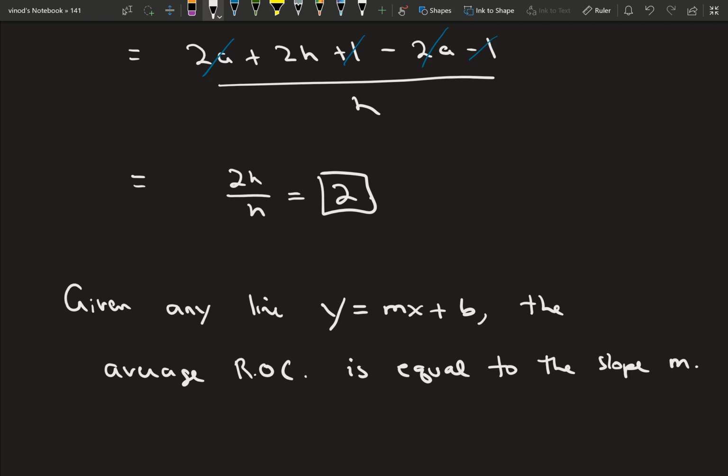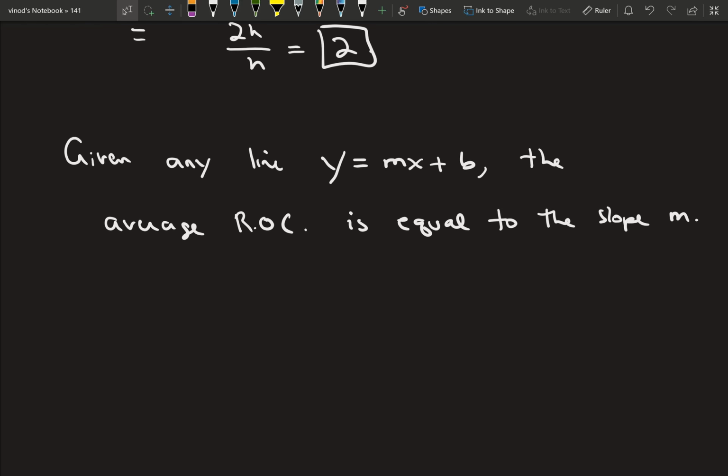So a line essentially has a constant rate of change. And that constant rate of change is just the slope.